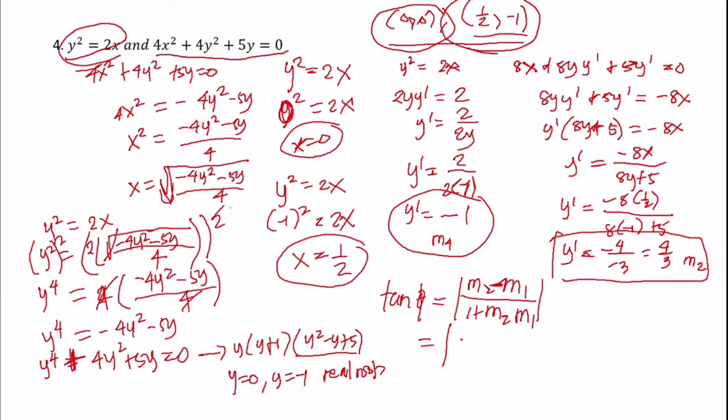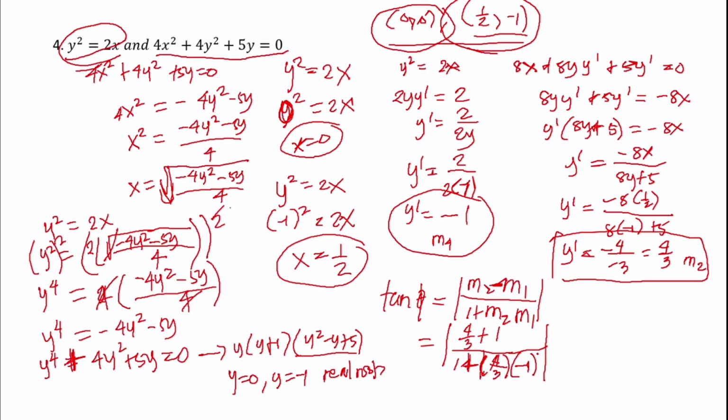M2 is equal to 4 thirds minus negative 1, which makes this plus 1, over 1 plus 4 thirds times negative 1.